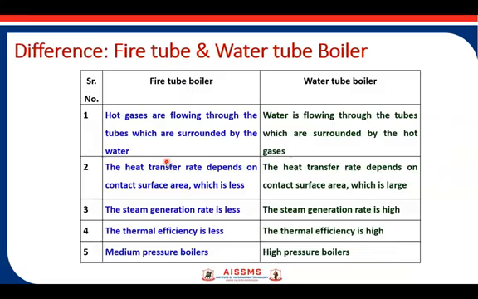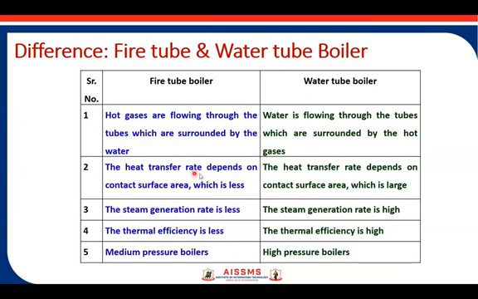So we'll see the basic difference between fire tube boiler and water tube boiler. In the fire tube boiler, hot gases are flowing through the tubes which are surrounded by the water, whereas in the water tube boiler, water is flowing through the tubes surrounded by the hot gases.